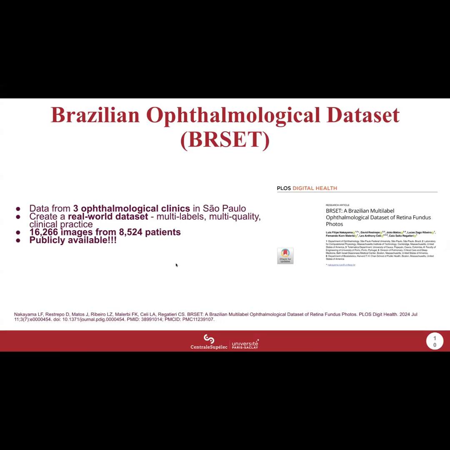Otherwise, it's really hard if you're just keeping the data for your own institution and you're just having results by yourself. It's impossible to do what a community can do just by yourself. So this data set and all the data sets that I will show you today are publicly available. You can just go to PhysioNet, register and download the data.